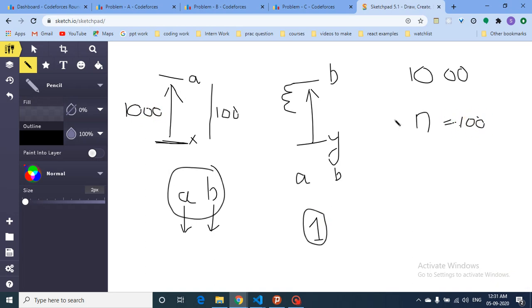In that case, because I am decreasing a to its extent, I am not touching b. I will just decrease a by 100 and it will become 900, and I will find the product. Else there can be a case that a is equal to 1000 and n is also equal to 1000, so I will decrease it to its extent.